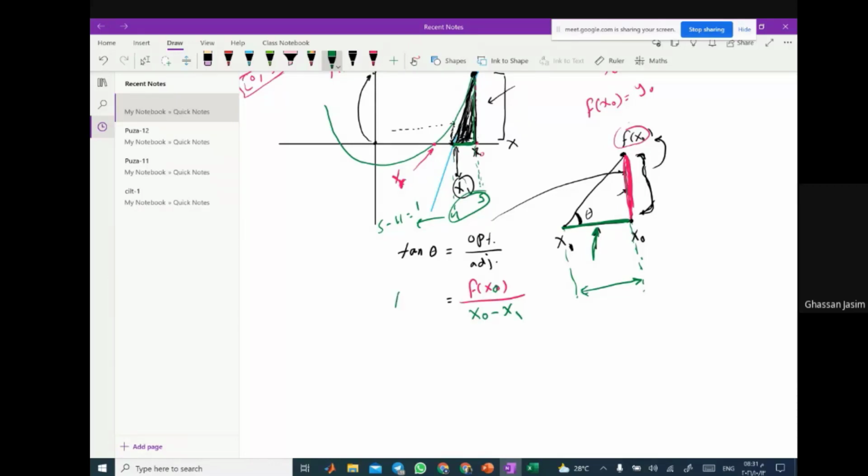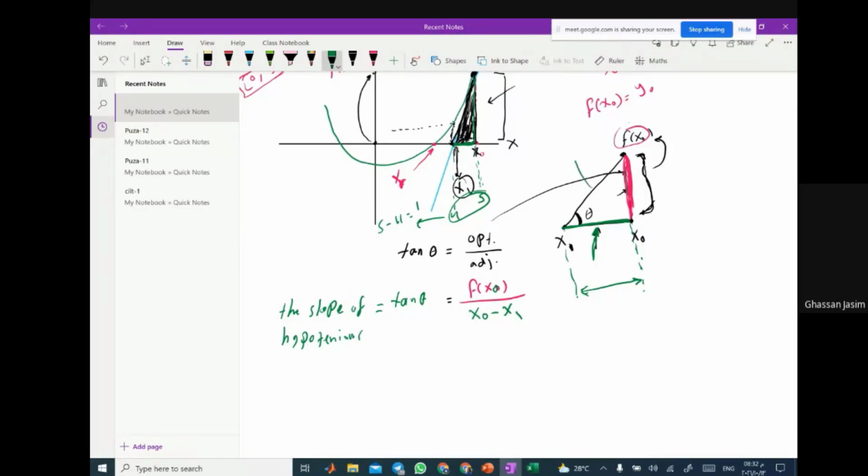Now, this is equal to tan theta. What does tan theta mean? Tan theta means the slope of the hypotenuse.